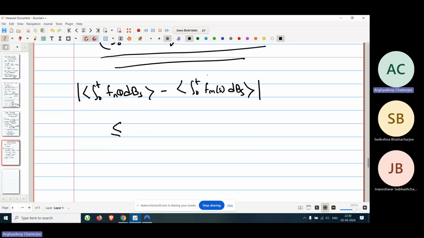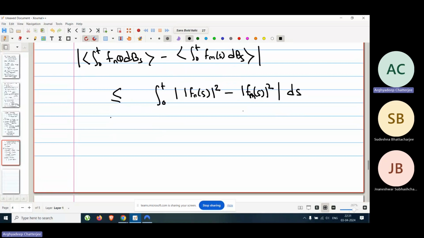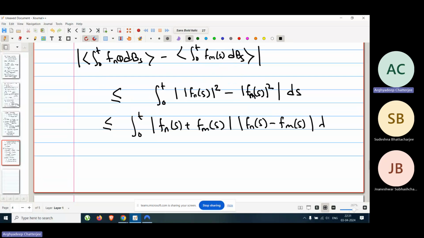You can write this as the integral of f_n squared minus f_m squared ds, and now just the a plus b whole squared formula. By the a plus b whole square formula, we can write this as (f_n plus f_m) times (f_n minus f_m).